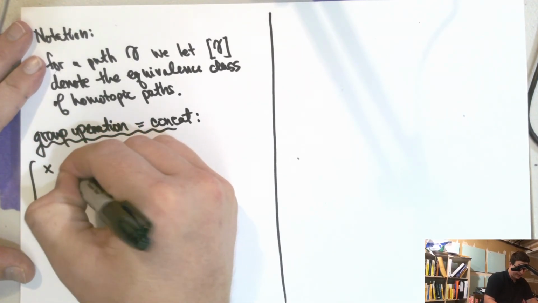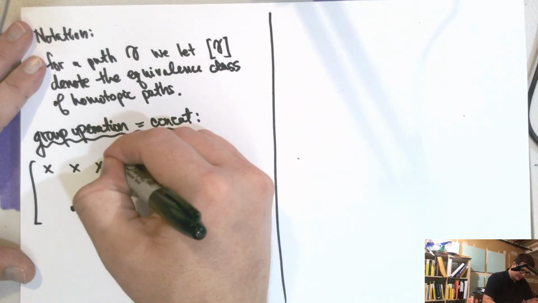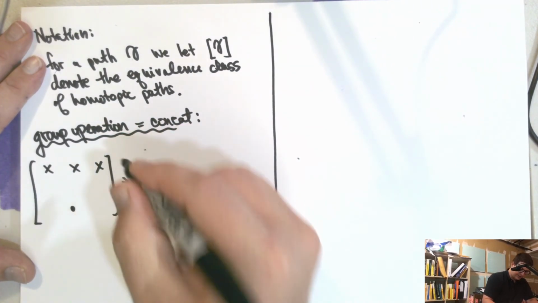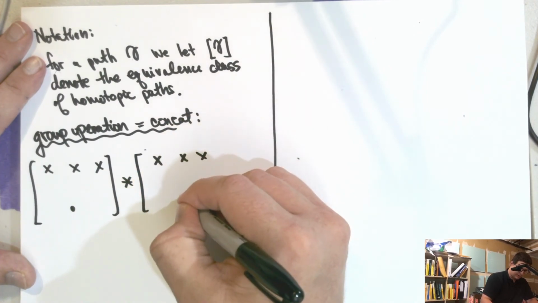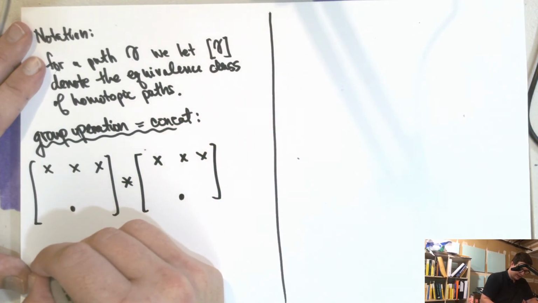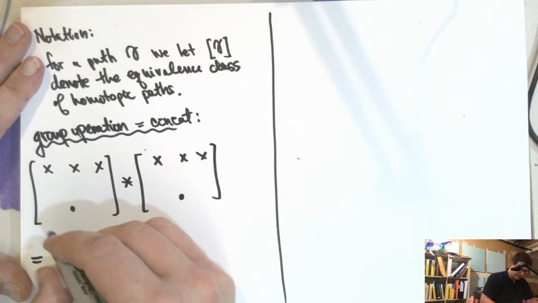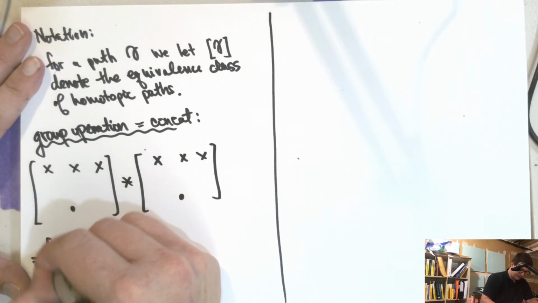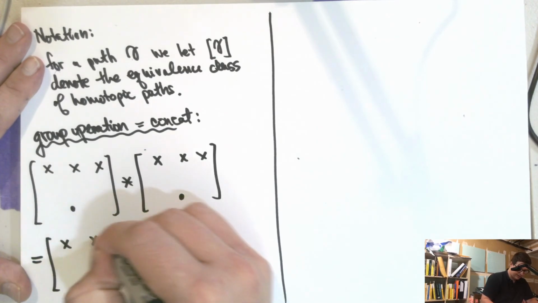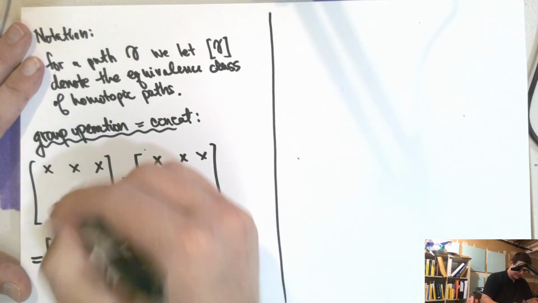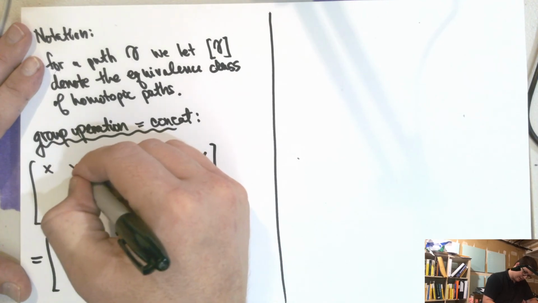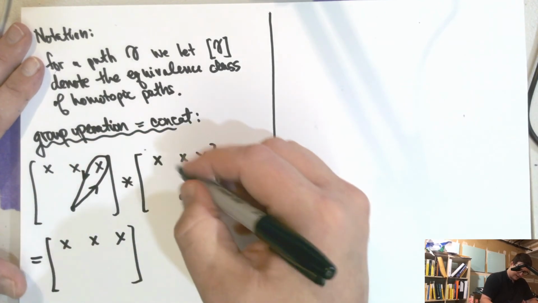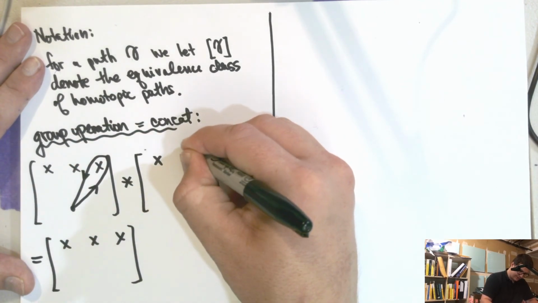Let's take a path here like this. I'm going to use the star to denote concatenation. Then I'll draw the path here. This will be the concatenated path. Let's say we go around here, let's say we do this one first.